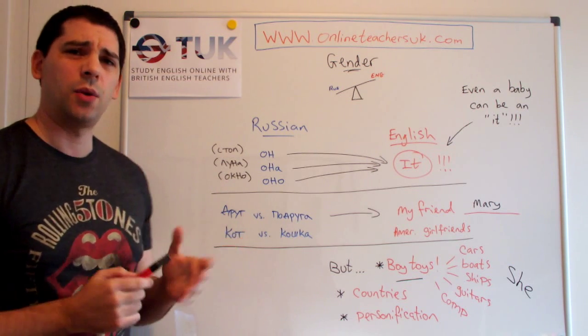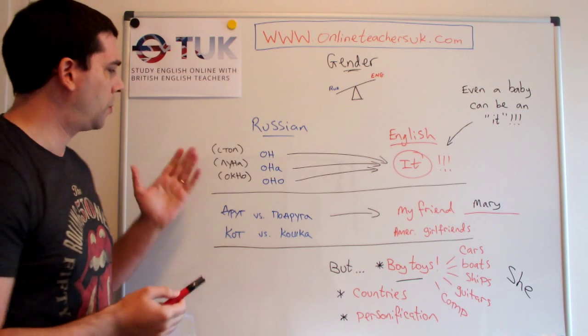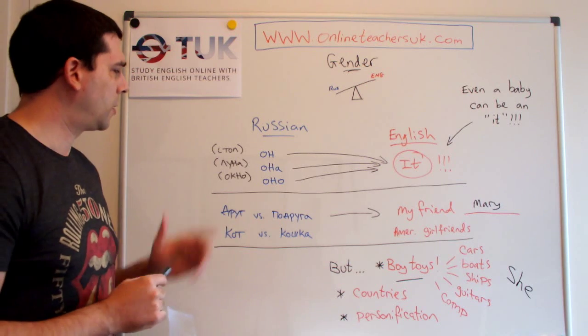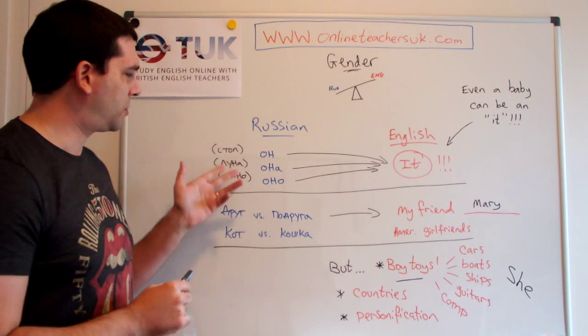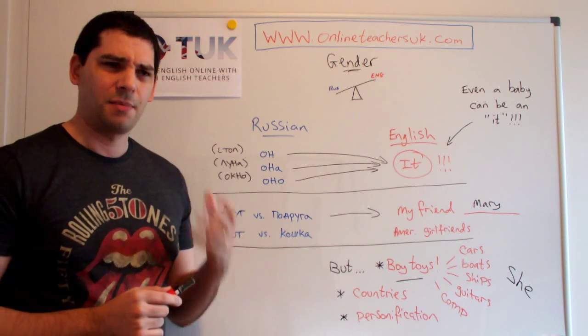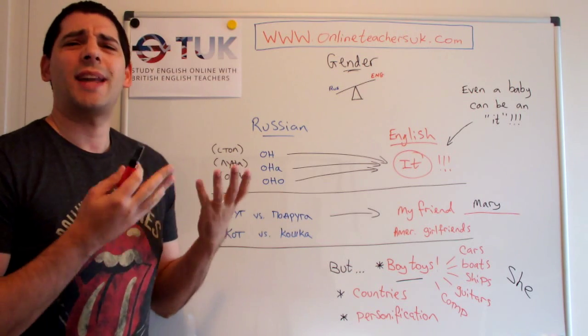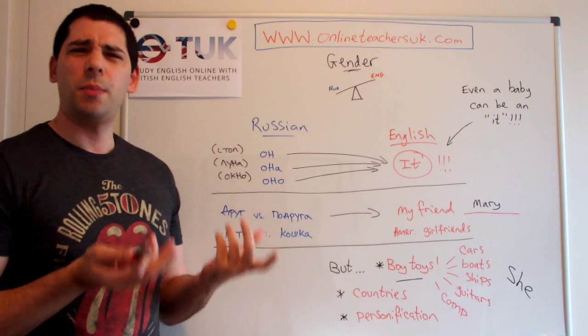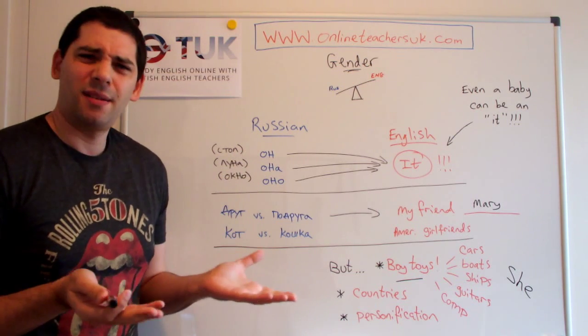But we couldn't understand. We were looking for logic. So we looked at table, stol, and we were thinking, why do Russian people think that stol is like a man? That's crazy. The table doesn't look anything like a man. Why do Russians think that the moon is somehow like a woman? That's weird. Yeah?